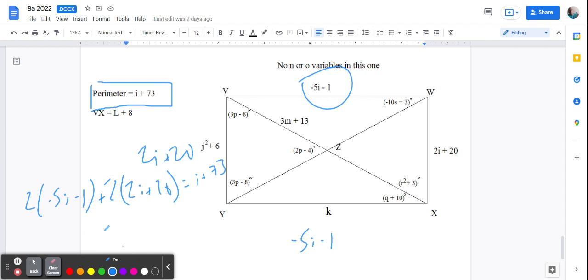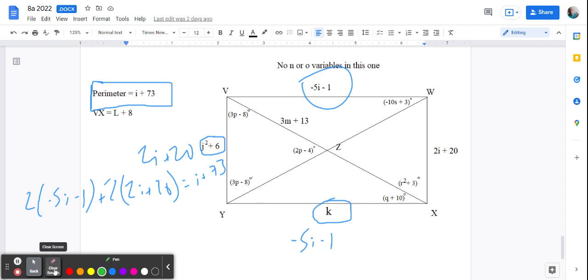So you'll find I, you'll plug it in, and then you'll be able to get K, and then you'll be able to get J. So that'll get you I, K, and J.